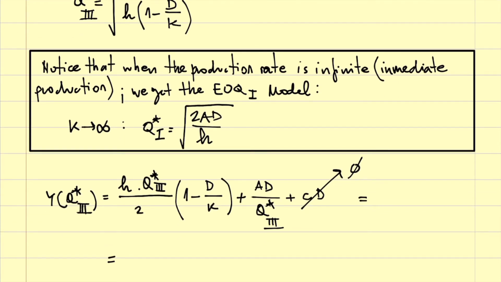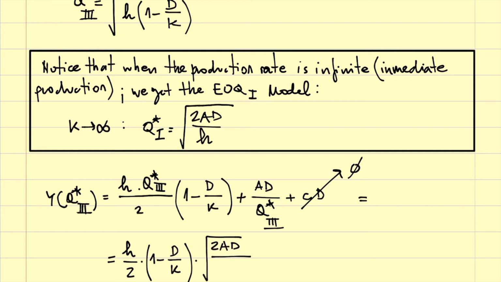This equals H divided by 2 times 1 minus D divided by K times 2AD.